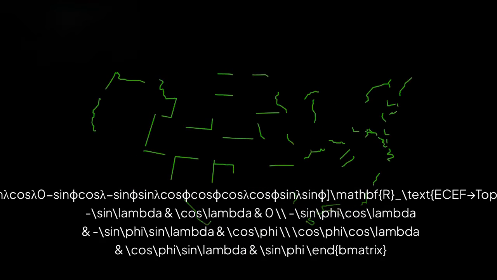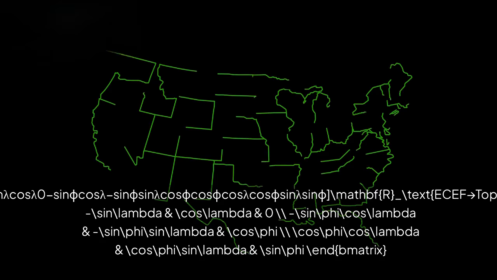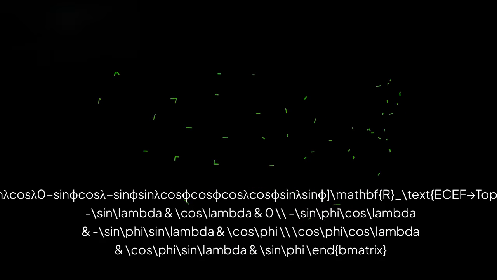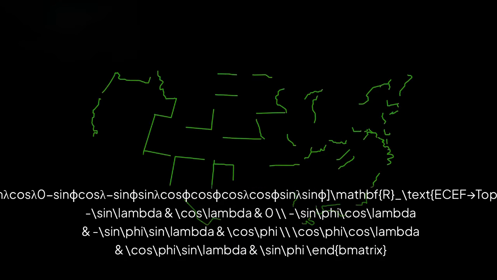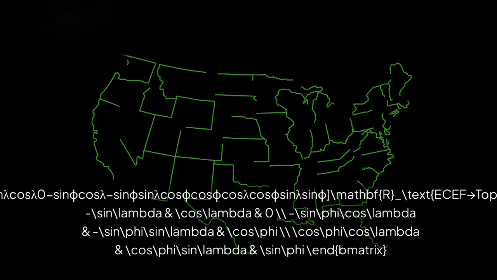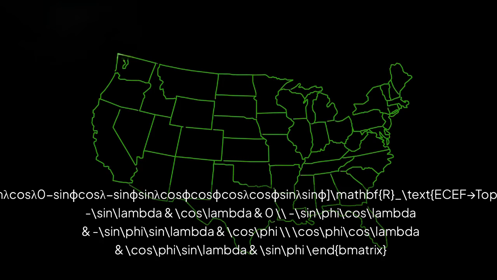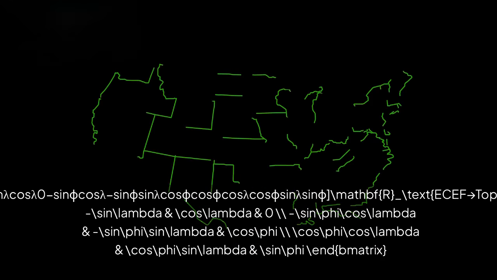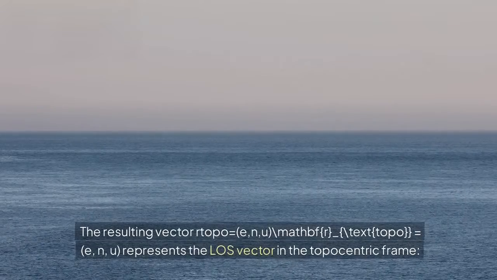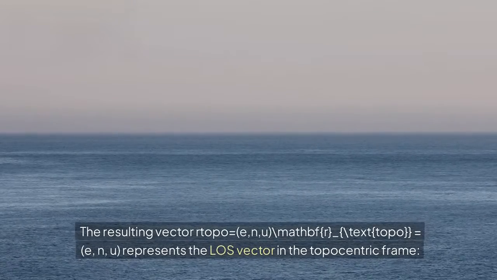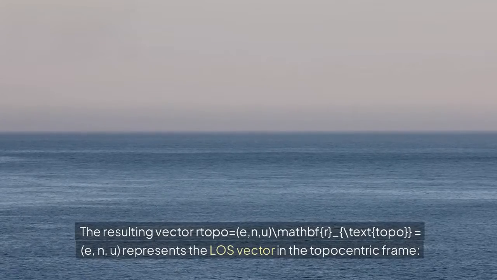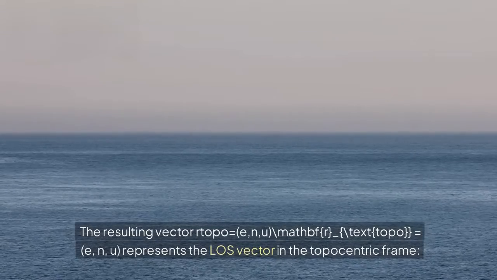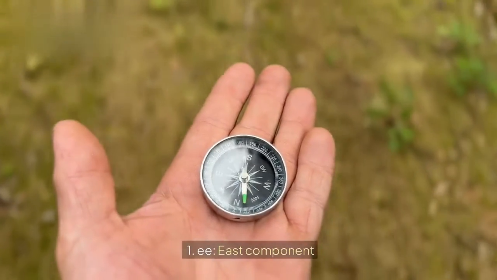The resulting vector R_topo equals (E, N, U) represents the LOS vector in the topocentric frame, E, east component.